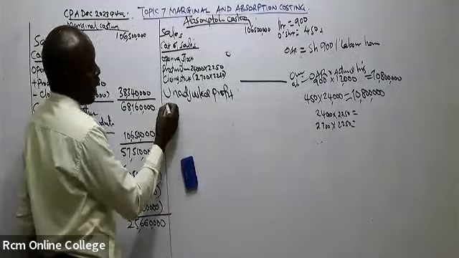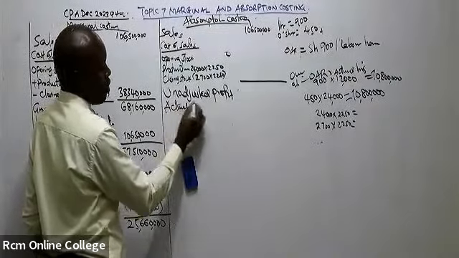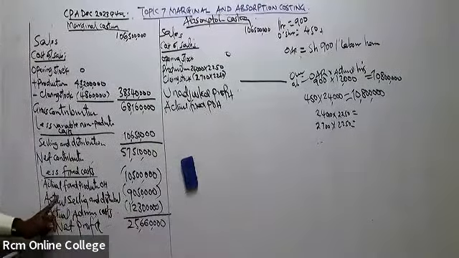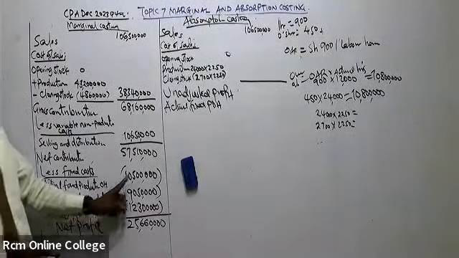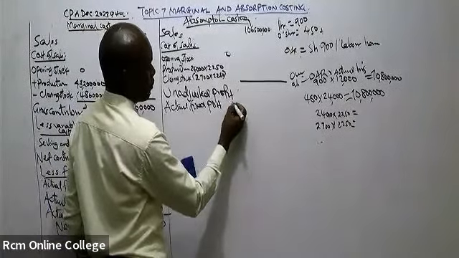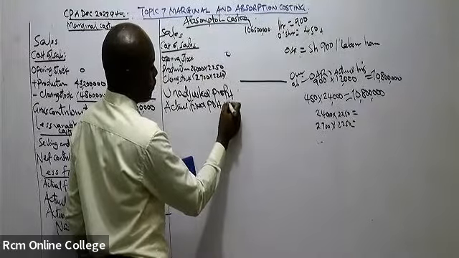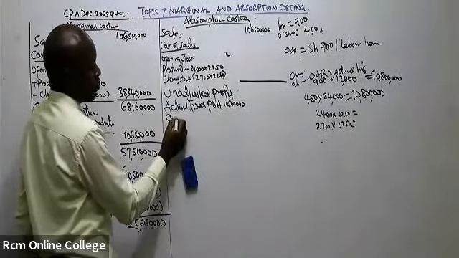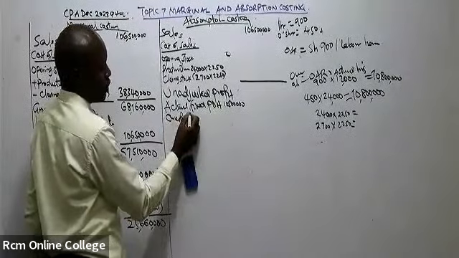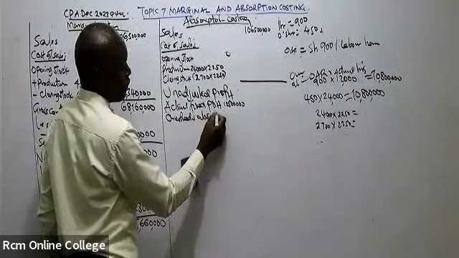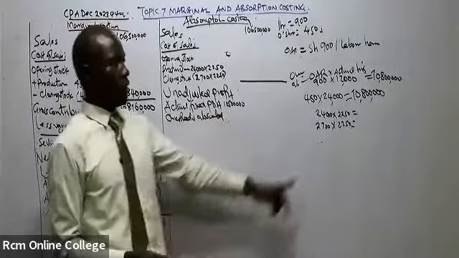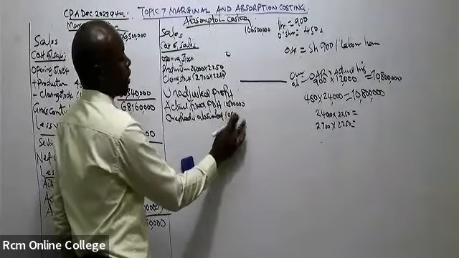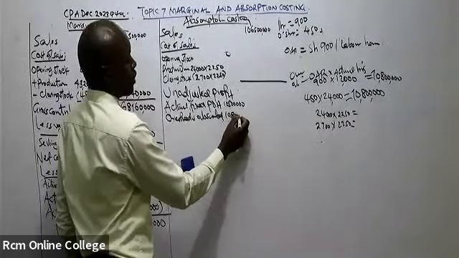Number one, actual fixed production overheads is 10,500,000. Then the fixed production overheads absorbed, I can see we had 10,800,000.